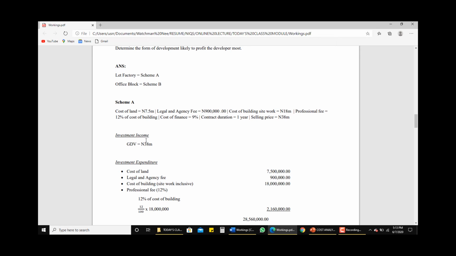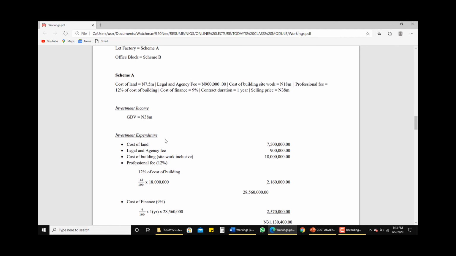Having gotten the investment income, the next thing is to look at the expenditure, the investment cost variable. As stated here, we have cost of land, which is 7.5 million naira. We have legal and agency fee, which is 900,000 naira, and the cost of building, including site work, that is external work and the likes of them, is 18 million naira.